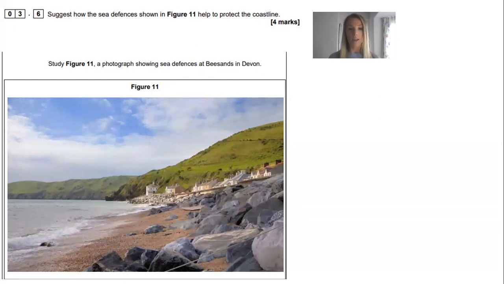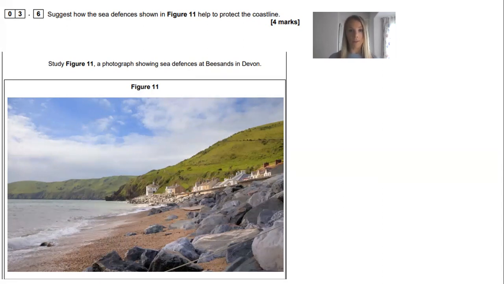Okay, so for this question, you can see that along this coastline, hard engineering strategies have been used. This is where a man-made barrier is built along the coastline to protect it from erosion. You'll notice that only some parts of the coastlines of the UK are protected through hard engineering strategies. This is because they are usually quite expensive, so we need to weigh up the value of the land behind the defences and consider whether it's actually worth protecting that area.